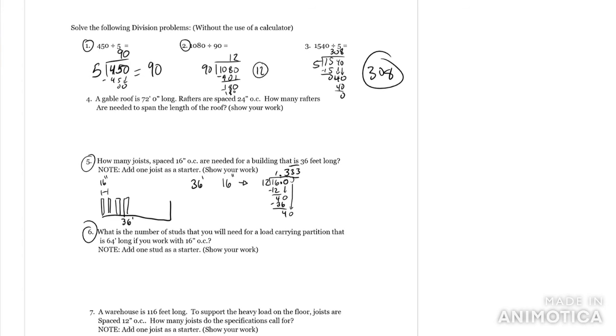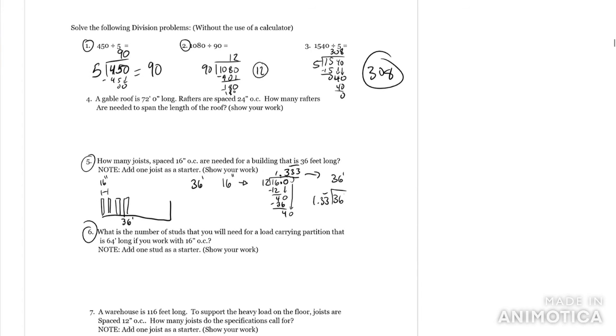So now, this is saying how many feet. So I have 36 feet, and each joist is 1.33333. So I'm going to divide 36 by 1.33.